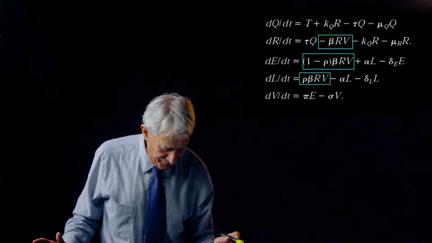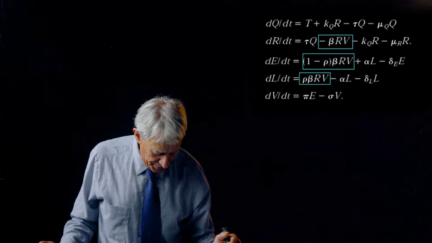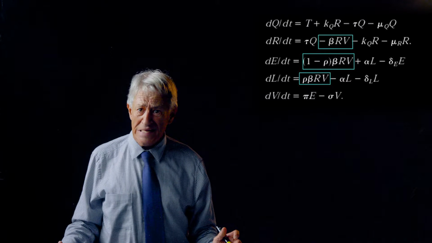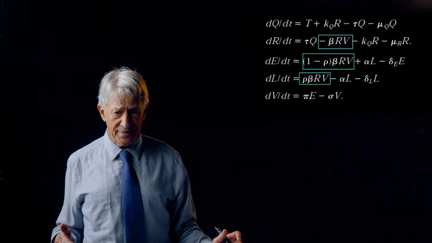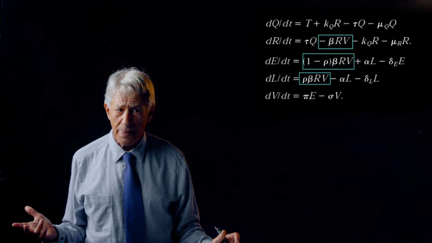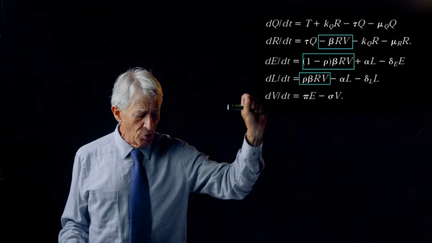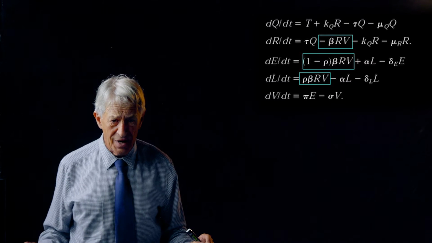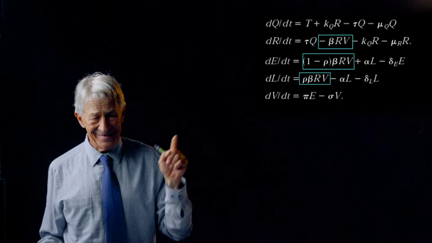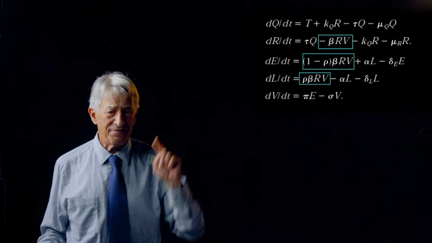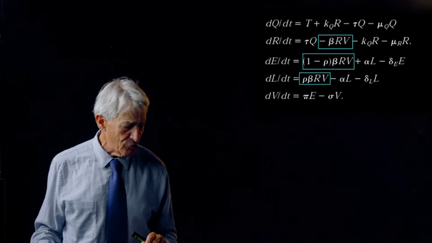And that rate alpha is simply the rate at which L cells go to E cells. Latently infected become expressively infected. That is the rate alpha. So you should be able to go through every single one of the terms in this model and say, why does it have the form that it does? And what kind of effect does that term represent?